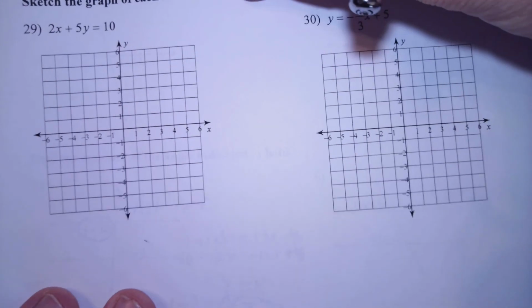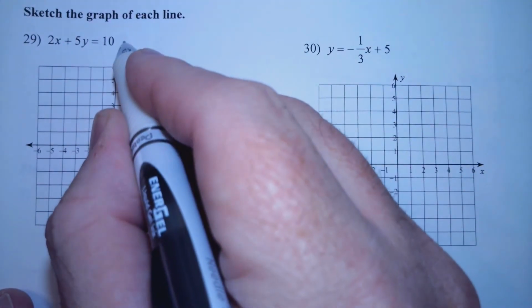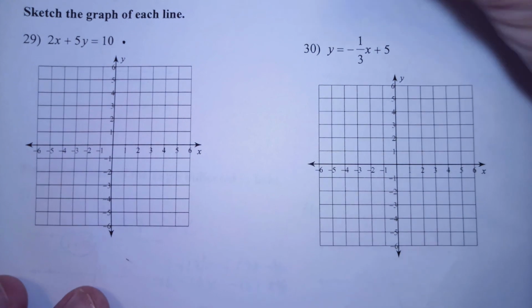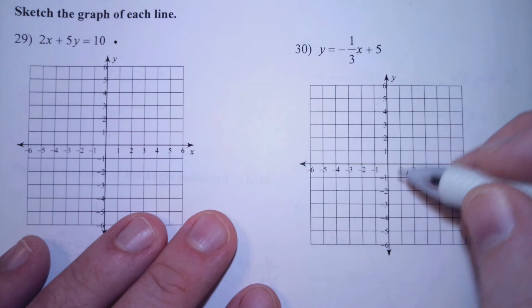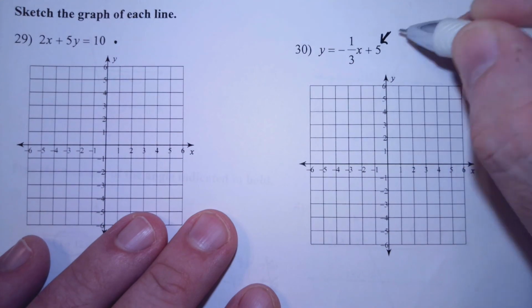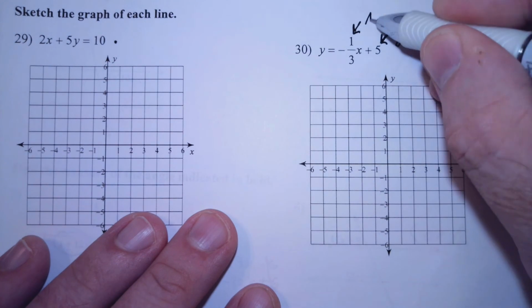Graphing. Put this in slope-intercept form, and then graph. I'm just going to refresh on slope-intercept form because that's the most important thing. We begin on 5. That's the y-intercept. This is the slope.